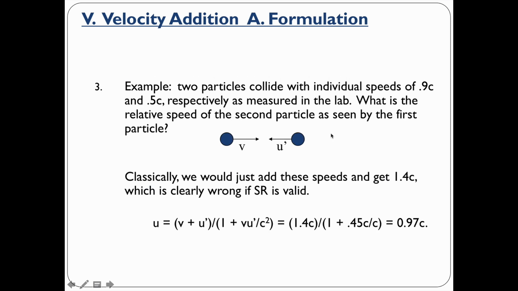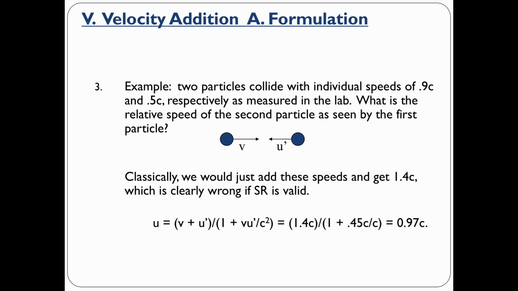Mind blown. Okay, so for example, suppose you have two particles that collide with initial speeds of 0.9c and 0.5c respectively, as measured in the lab. Again, everything is measured with respect to something. What is the relative speed of the second particle as seen by the first particle? Now, classically, we would just add these together, and you would get 1.4c, and you would get a frowny face.